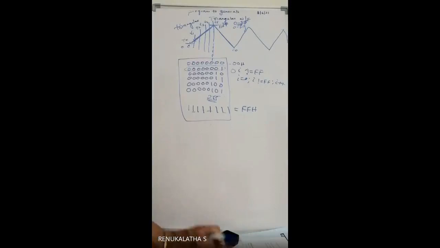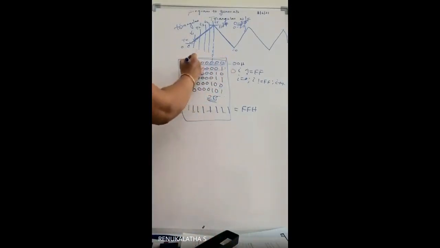Okay, so now how do we set this? I'll write a program now. So this value is placed on which register? If you place this value in one register, can you keep on incrementing that register value? No, ma'am.